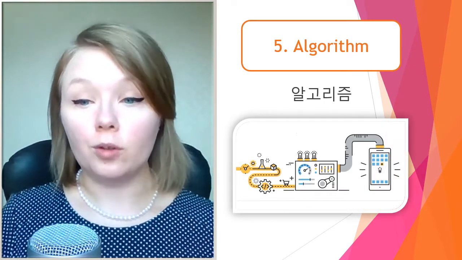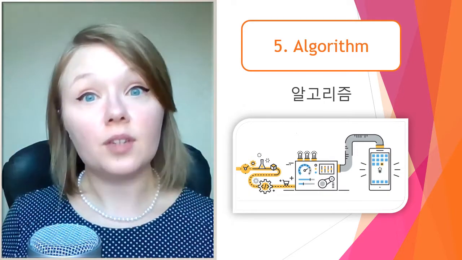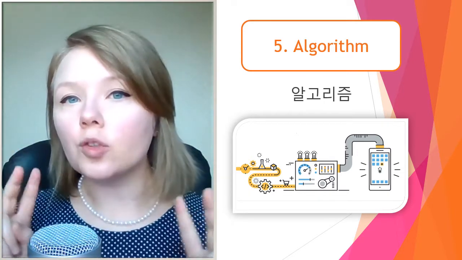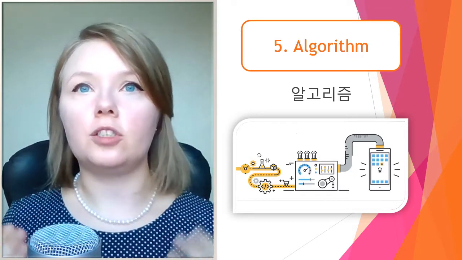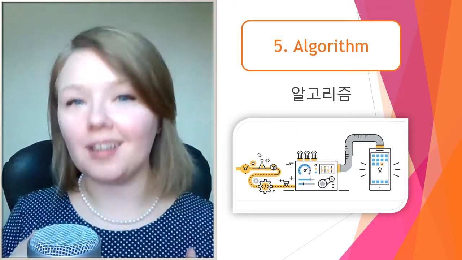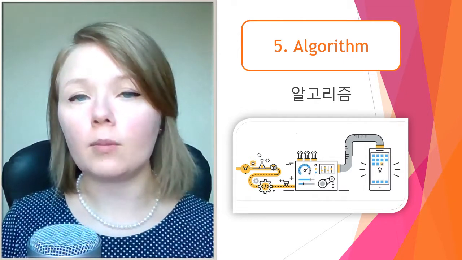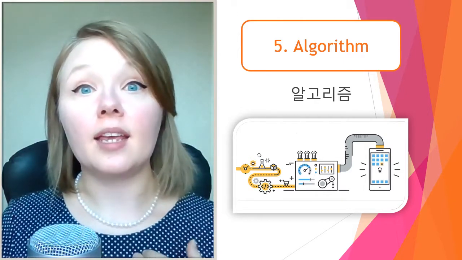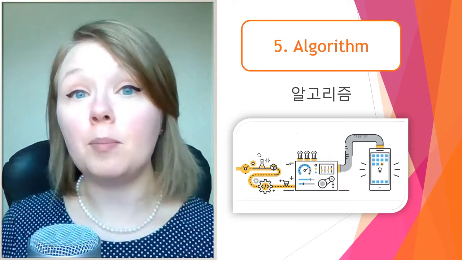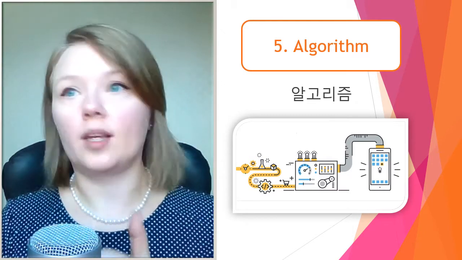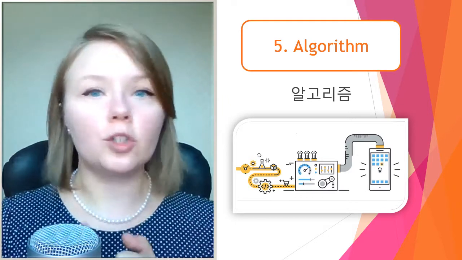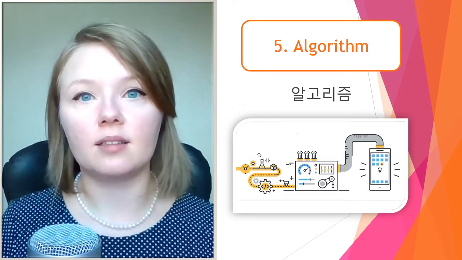If you use social media, which I think all of us do, the algorithm is the technology that determines what we see on social media. For example, maybe I am very interested in camping, and so I go on YouTube and I type camping or camping videos, what to cook when camping, things like that.